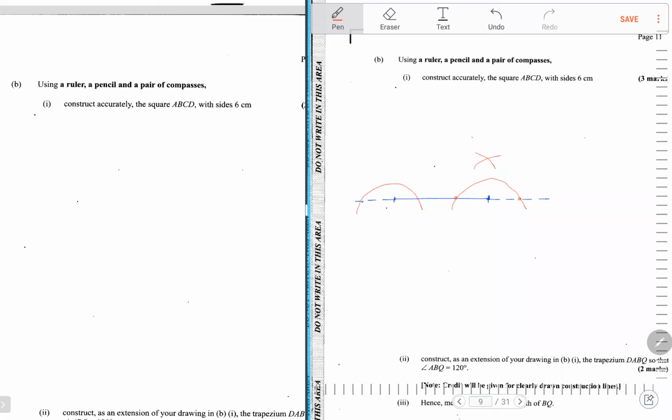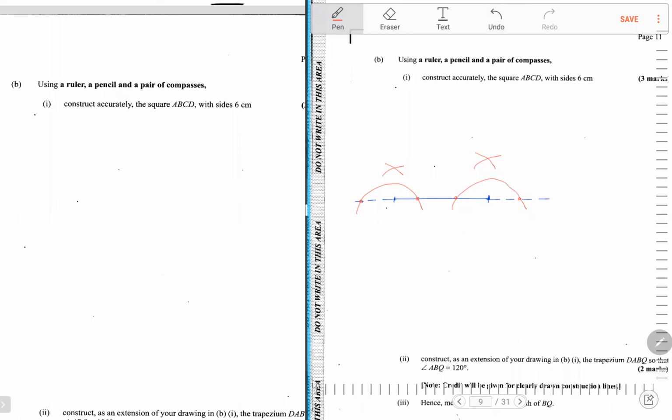And so now you're bisecting the line segment between here and here. And what you do now, you put the point at this one, you make an arc at the top. Same thing that we did over there. And then from this point, we make an arc across there. All right?